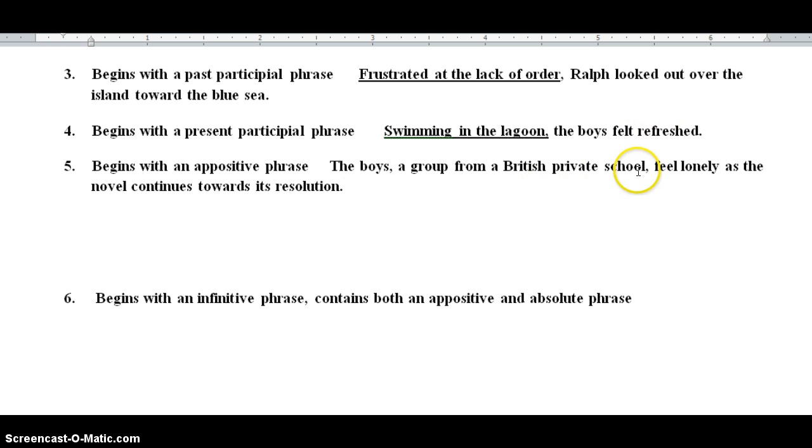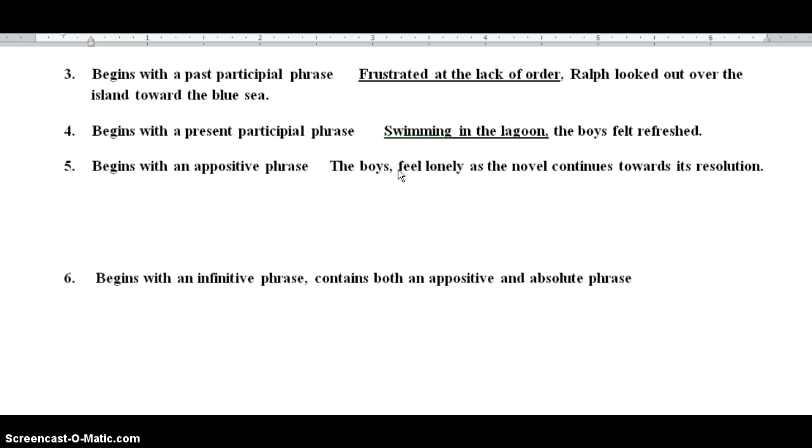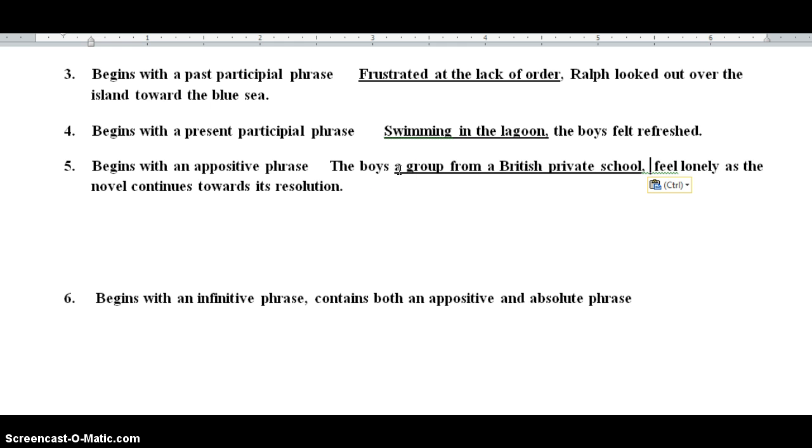Okay, may not be a true statement, but feel savage, however you want to say it. But again, this is our appositive phrase right here. We can take this out, and we have a complete sentence. We can add it back in, and there's our appositive phrase. Okay, so that's all that is.